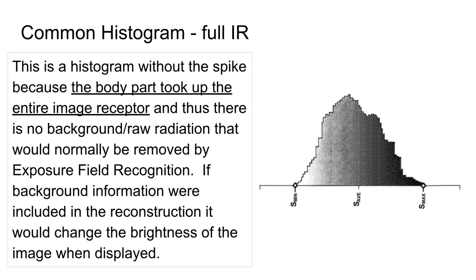By the way, this is a rationale for making sure that you use the correct cassette size and that you don't undercollimate, right, and leave too much space between the anatomy and the image receptor. So you have an S min and an S max.